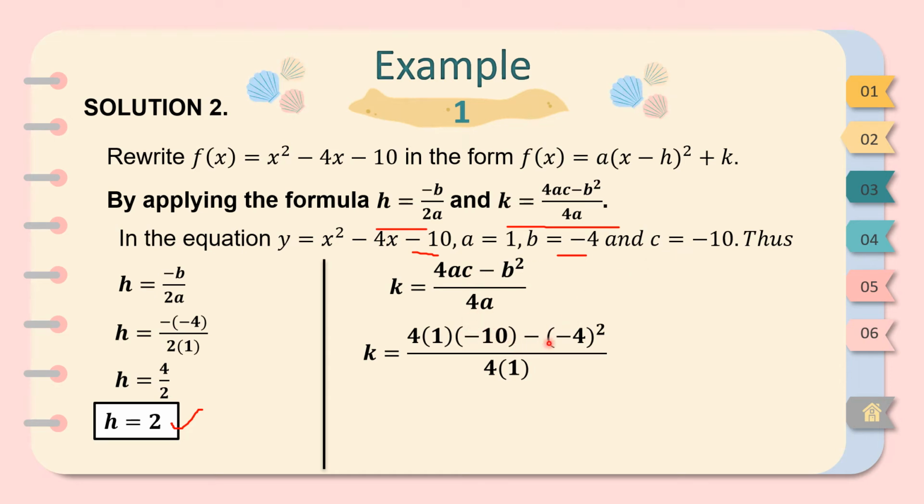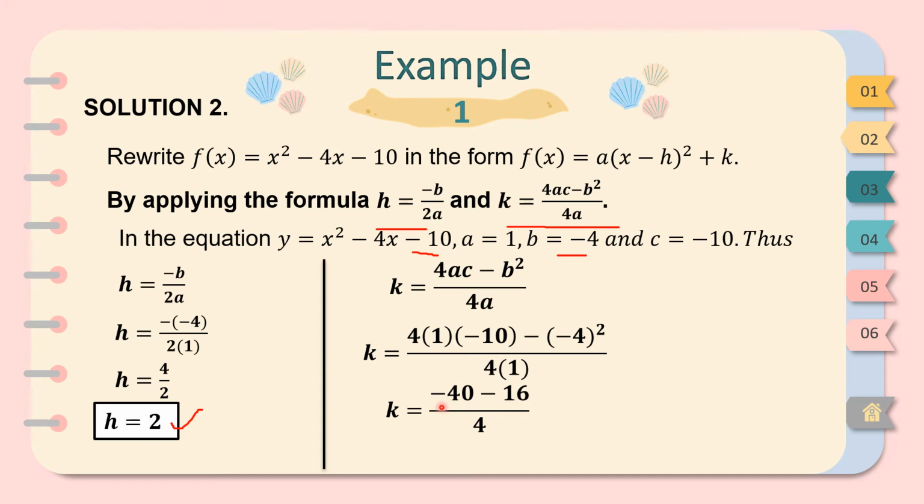Minus quantity your b value is negative 4, and then squared, divided by 4 times your a, that is 1. Simplify. 4 times 1, that is 4, times negative 10, that is negative 40. Negative 4 times negative 4, that is 16, positive. Positive times negative, negative 16.